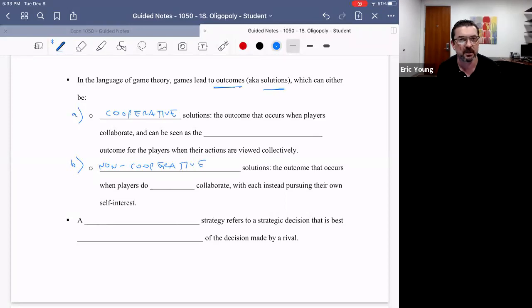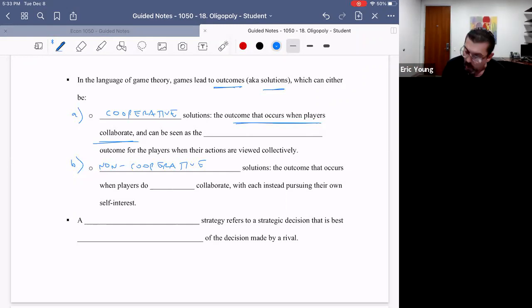Let's dissect this a little bit. Again, more jargon, but get through it. A cooperative solution is the outcome that occurs when players collaborate. This is the key. Cooperative solutions occur when the different rivals collaborate. In other words, when the cartel makes an arrangement and keeps it.